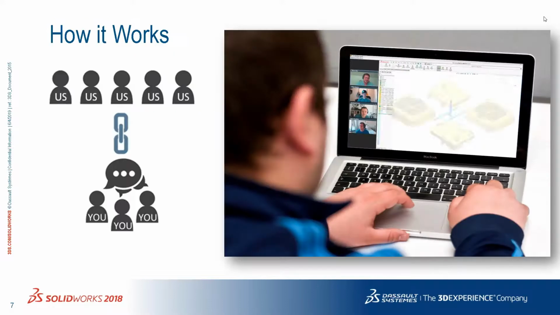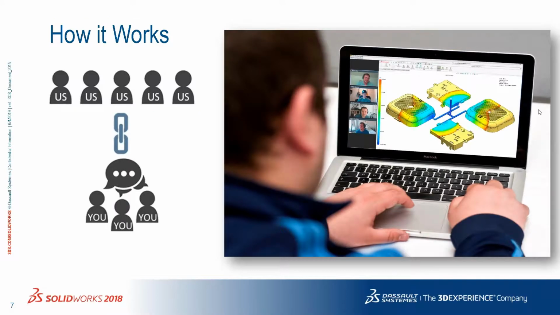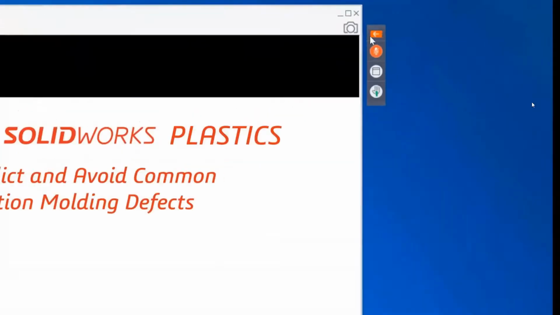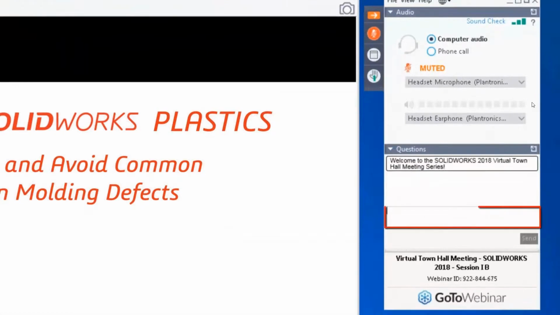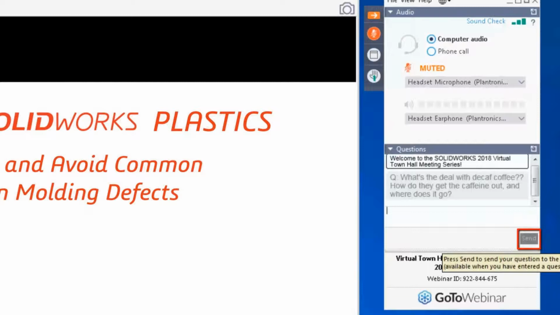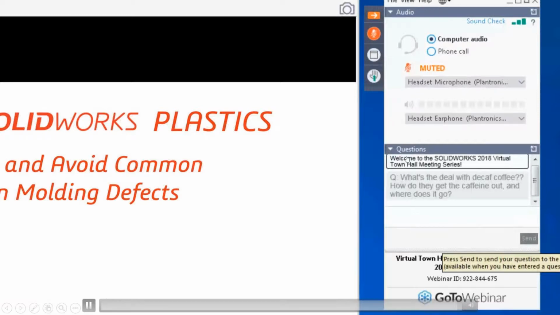Just a little bit of logistics about how this works. There are a handful of us doing the virtual town hall. We've got over 200 or 300 people in attendance, so there are a lot of you. You are going to be muted. Hopefully I'm coming through clearly with audio and visual. In order to ask questions, use the GoToWebinar GUI, where there'll be a questions section.